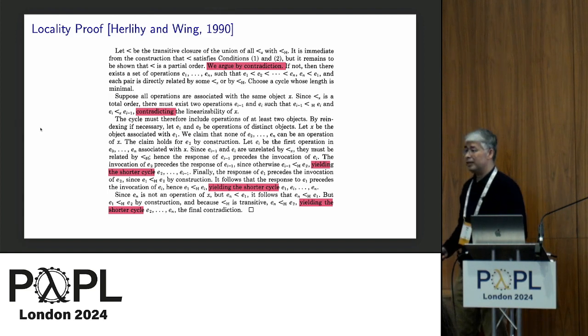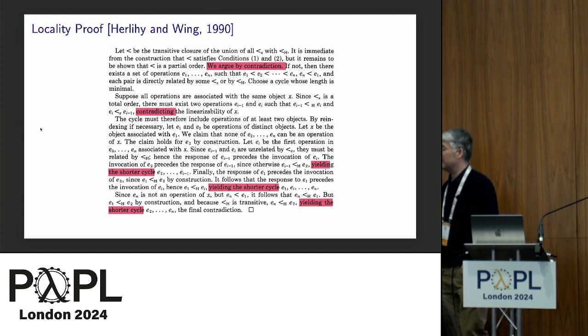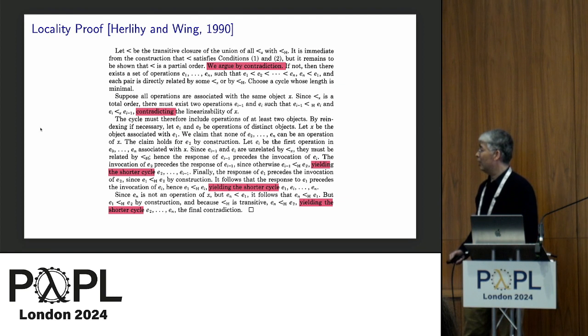In contrast, if you go to the classical 1990 paper to look at how they prove locality, they actually have to prove it by contradiction. It's very subtle and complex, whereas in this case it's a much more general result because it's no longer tied to atomic spec, and the proof is much simpler.